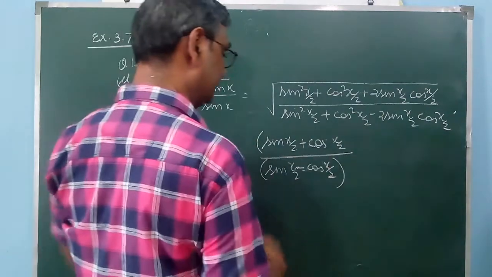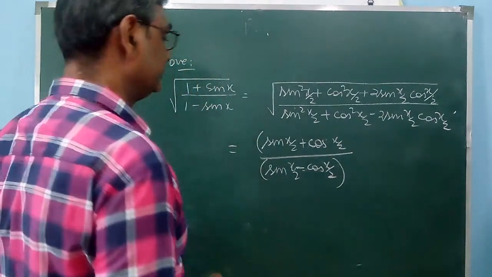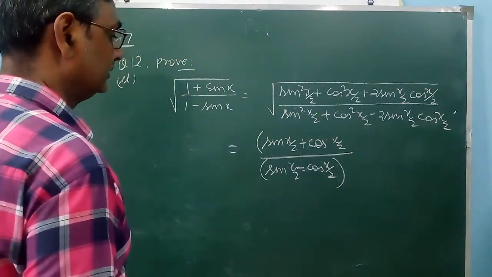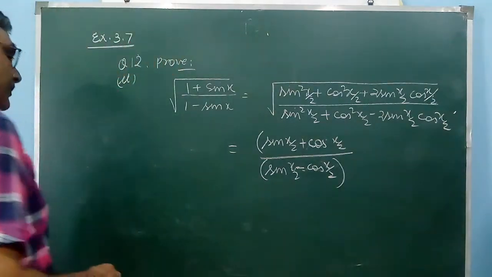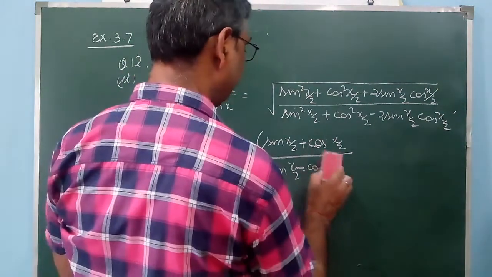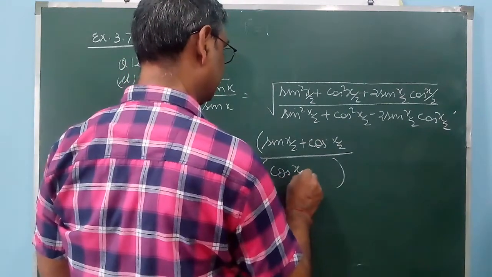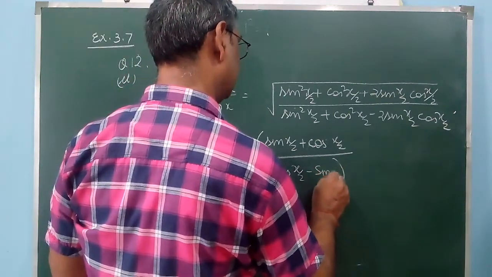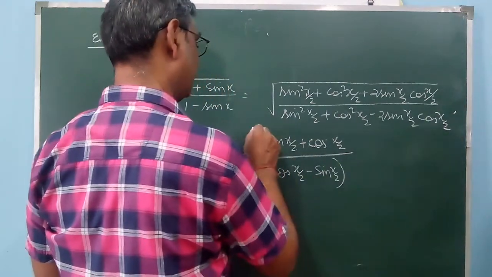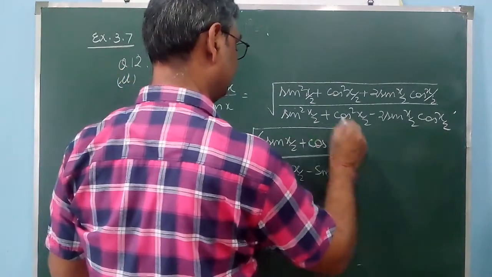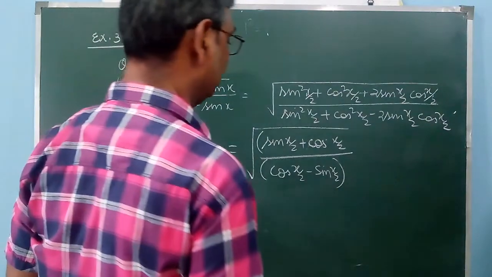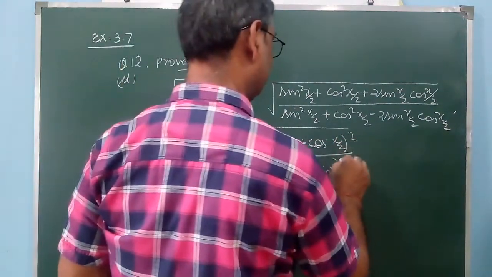This one we have got. Better it will be, we should take cos x by 2 minus sin x by 2, and this is whole square.